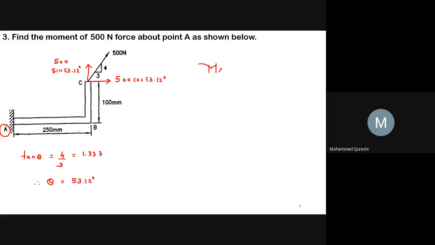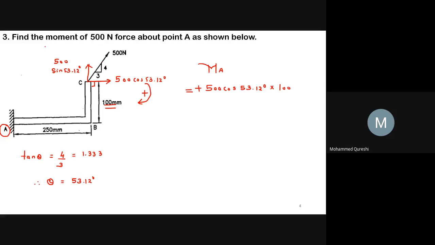As we have to find the moment about point A, so taking moment about A, we will get 500 cos 53.12 degree. This is our force, and this force will move towards point A in this direction, meaning clockwise direction, hence it will be positive. So plus 500 cos 53.12, and the perpendicular distance is 100 mm, so into 100.